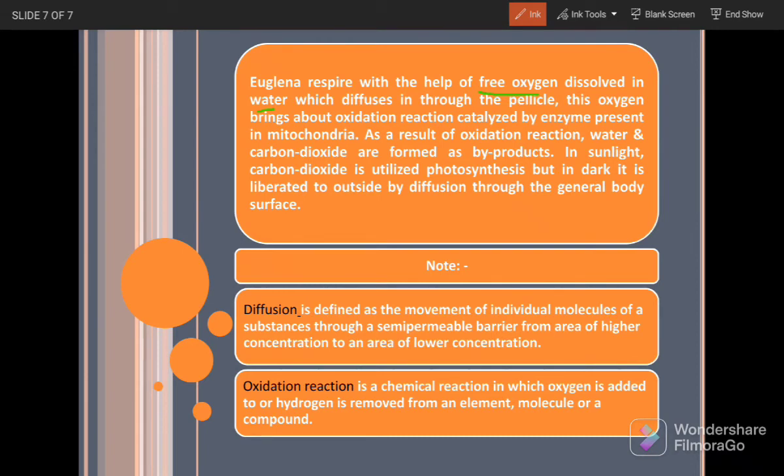This oxygen brings about an oxidation reaction catalyzed by enzymes present in mitochondria. As a result of the oxidation reaction, water and carbon dioxide are formed as a byproduct. In sunlight, carbon dioxide is utilized in photosynthesis, but in the dark it is liberated to the outside by diffusion through the general body surface.